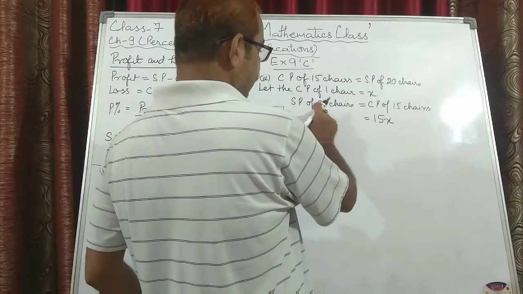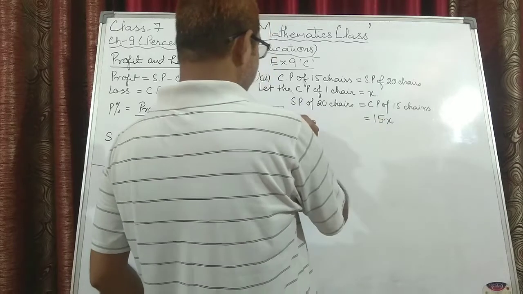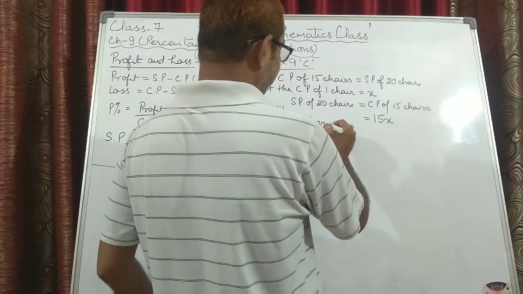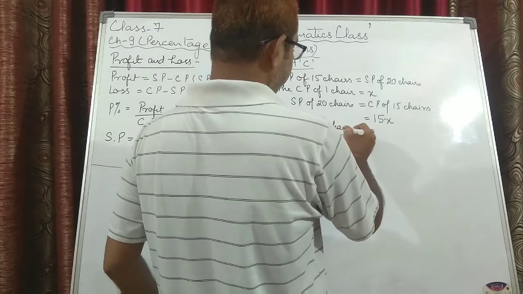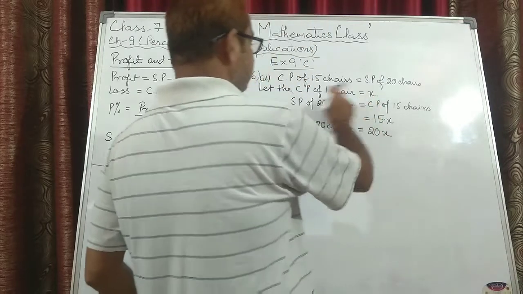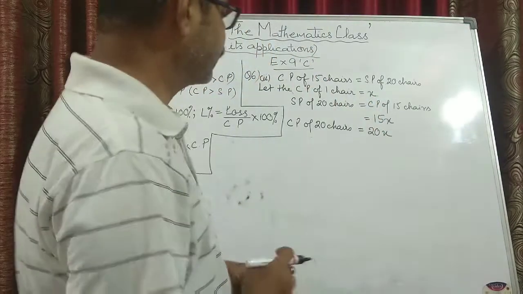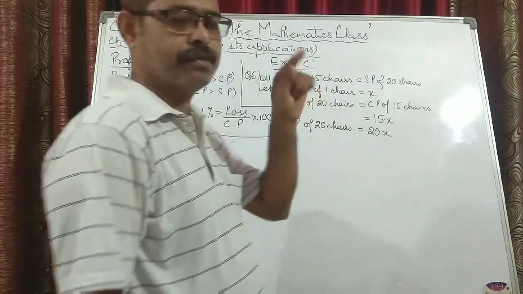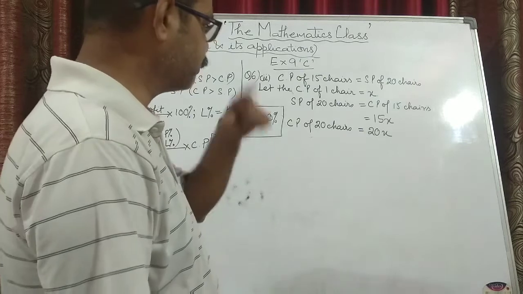Now this is the selling price of 20 chairs. So what will be the cost price of 20 chairs? The cost price of 20 chairs will be 20X, because X is the cost price of one chair. We calculated both selling price and cost price on the basis of the cost price of one chair.